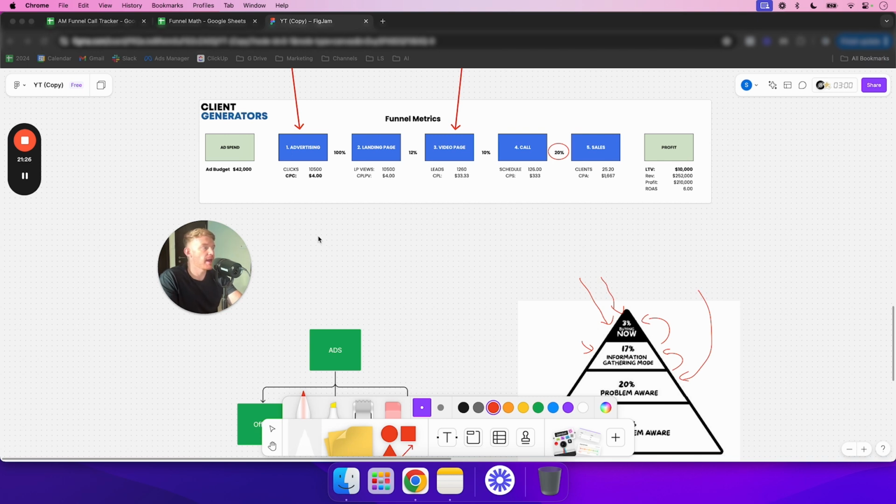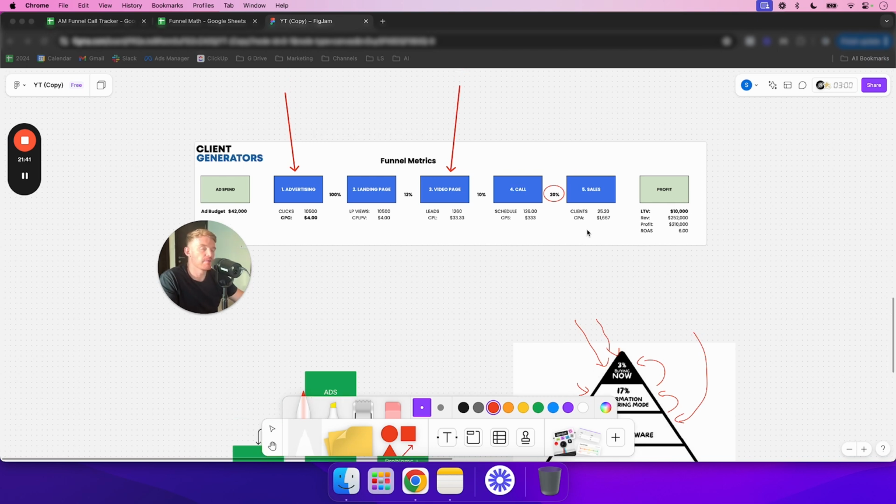And again, like I said, that lifetime value is based on a 3-month minimum. So if you can keep your clients for longer, then obviously that lifetime value that you can see on the screen here, which is 10,000, could go up to 20. And if it does, then obviously the profit would double as well. So it gets pretty nuts.